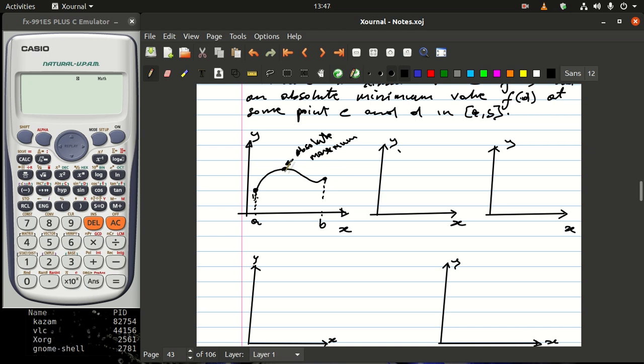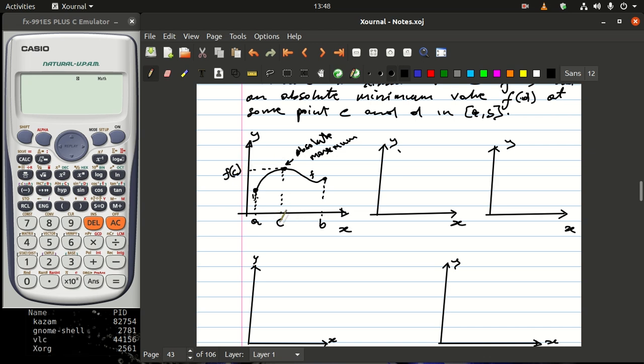So since this one here is an absolute maximum, and this point is on the function f, we can say that it is f of c.